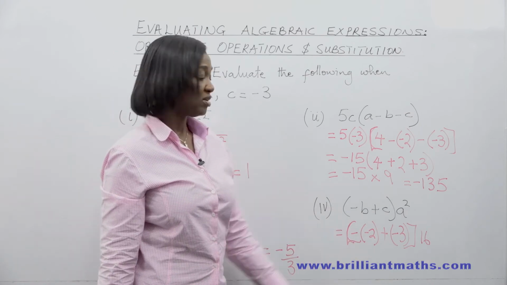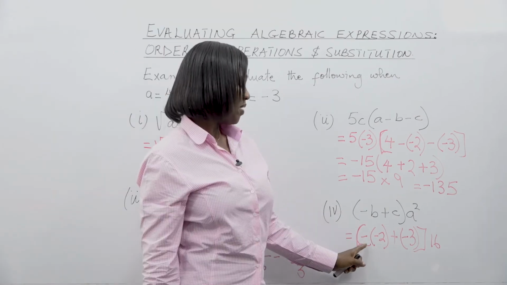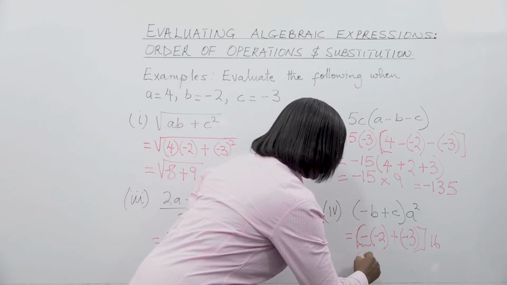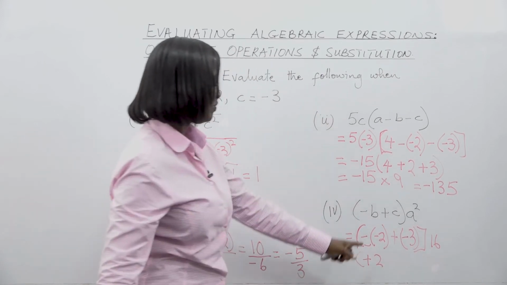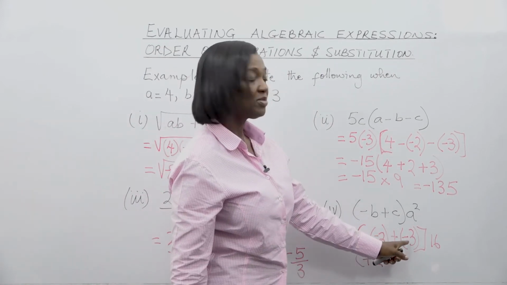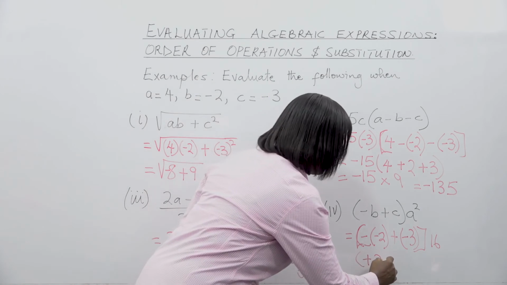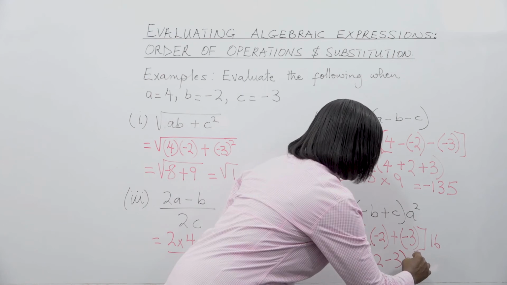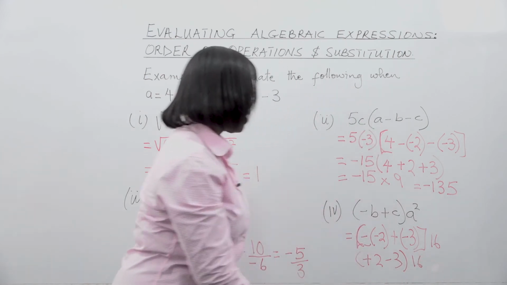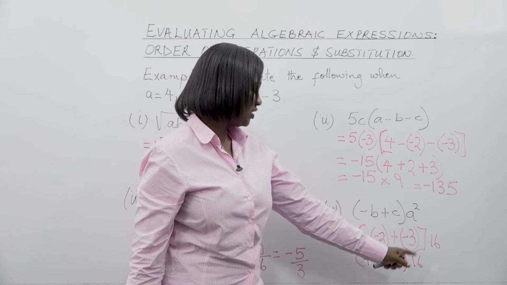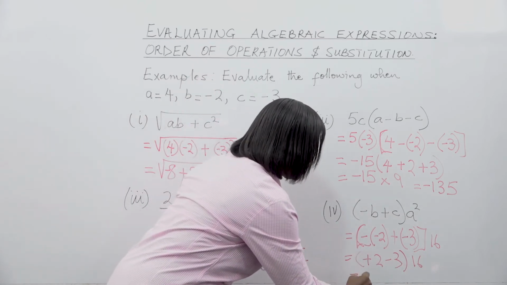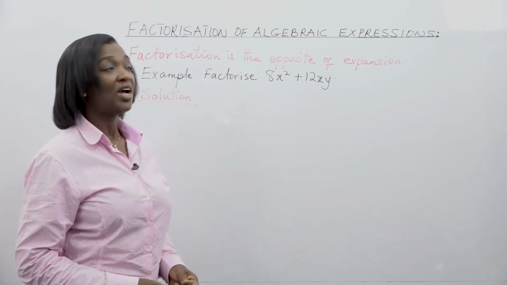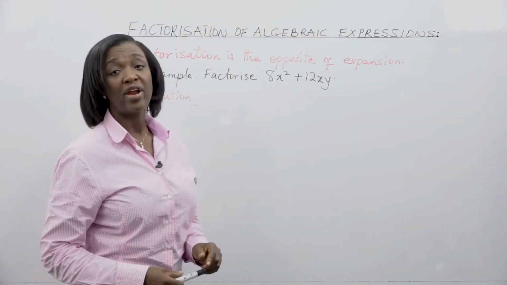In the bracket, we have minus times minus 2 is plus 2. So that gives us plus 2. Plus times minus 3 is minus 3, times 16. So this becomes minus 1 times 16, which is equal to minus 16.